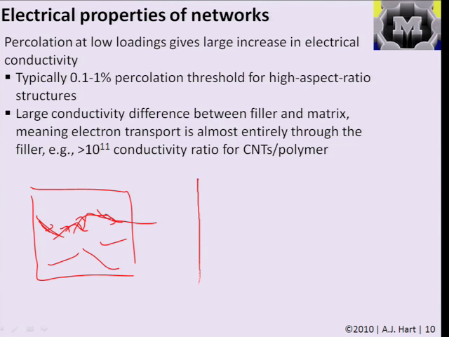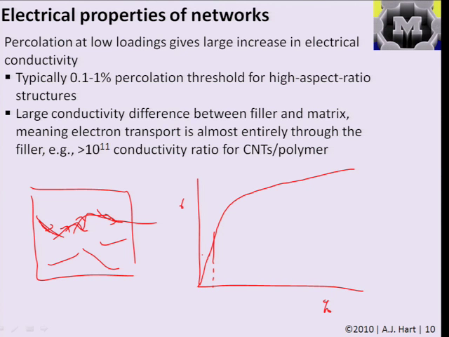And if you plotted the conductivity, say, call it sigma, as a function of the percent of nanotubes you had on your area, you would see some scaling like that, where there's some critical concentration at which the conductivity jumps, goes from essentially 0 to some finite value. And this critical concentration is typically 1% or less when you are adding structures that have a high aspect ratio, things that are long and narrow.